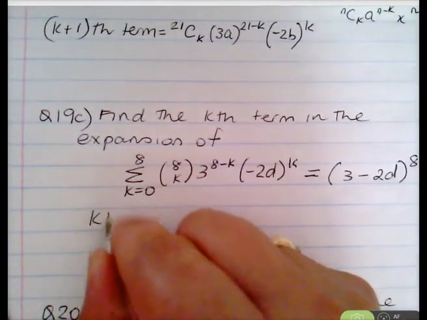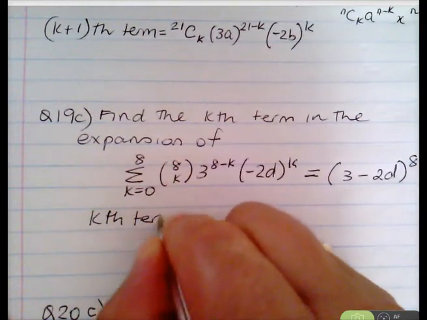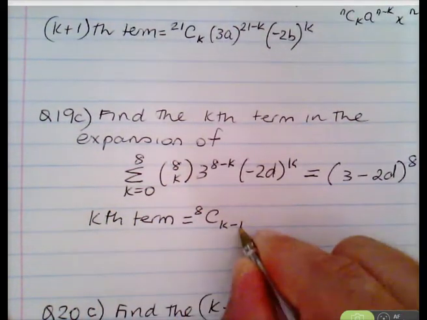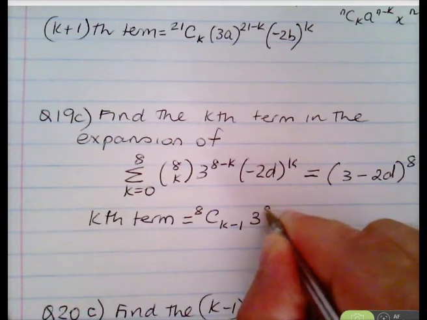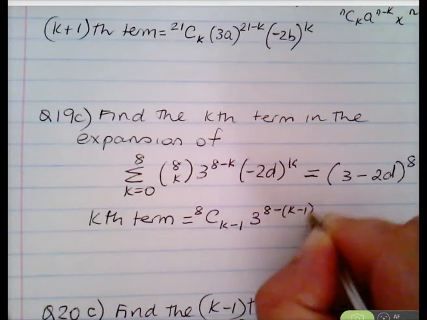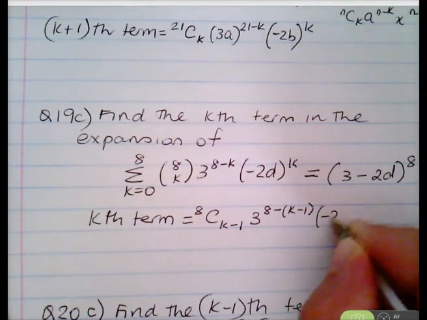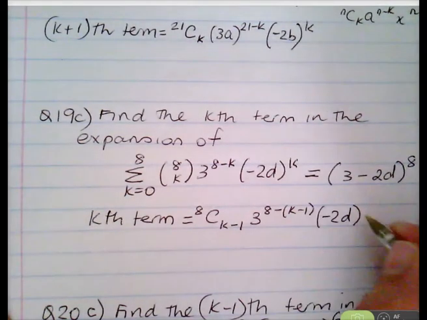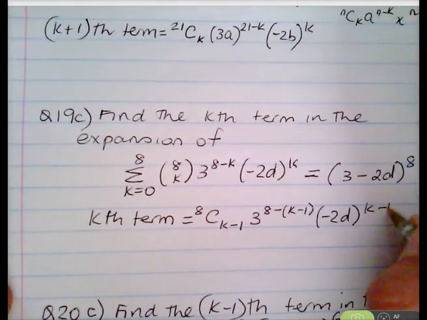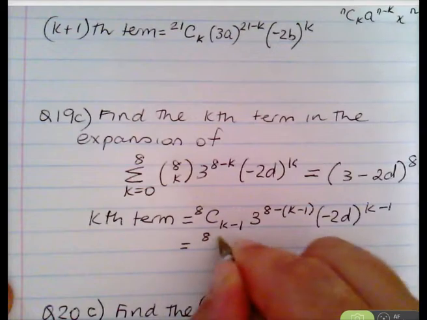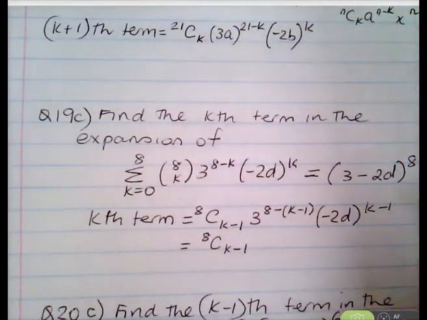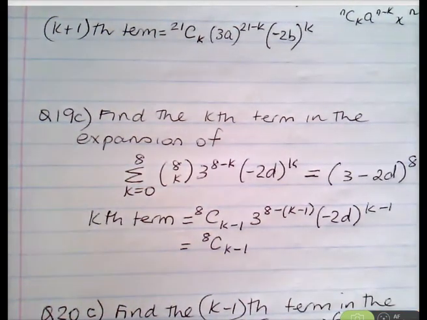So the kth term will be 8 choose k minus 1, 3 to the power of 8 minus (k minus 1), and we'll have (minus 2d) to the power of k minus 1. So that will be 8Ck minus 1, or 8 choose k minus 1 if you want to write it in choose notation.